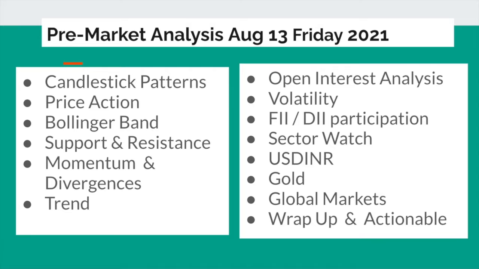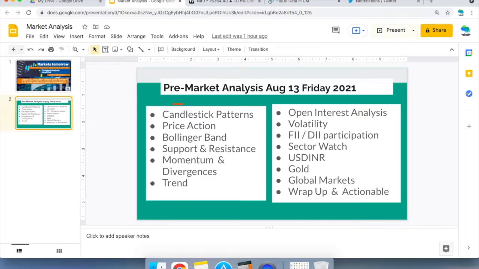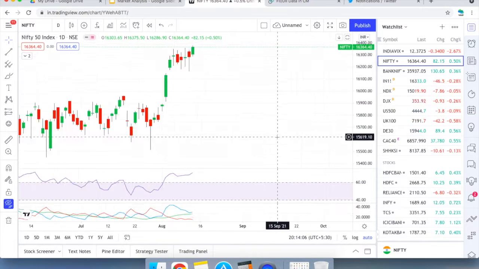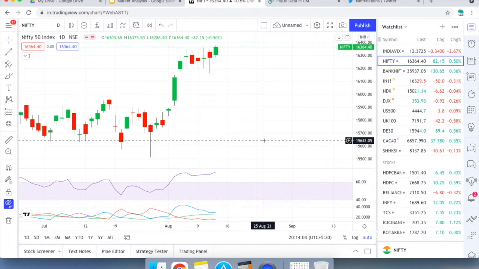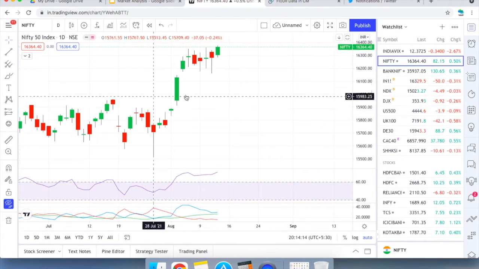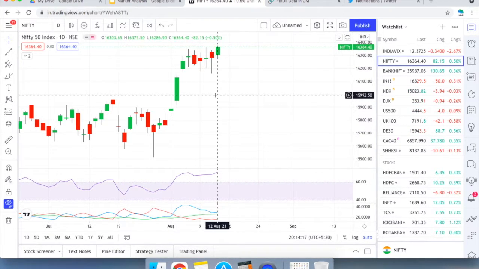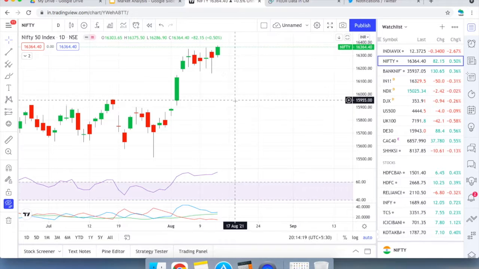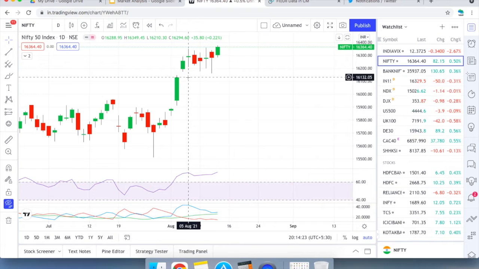Okay. So without wasting time, let's get into the charts and see what happened today. So this is the Nifty 50 chart. What do you see here? It's a green bullish candle after a consolidation of 5 days.